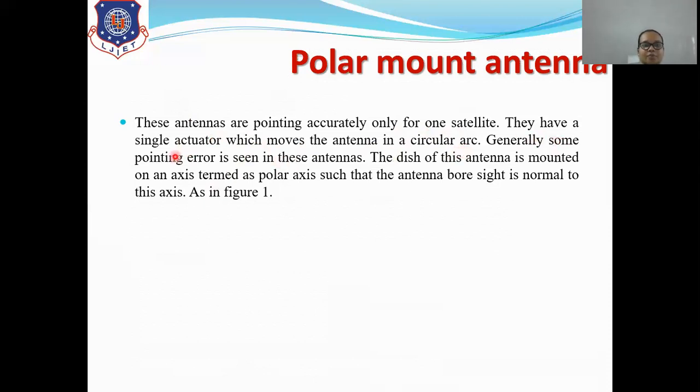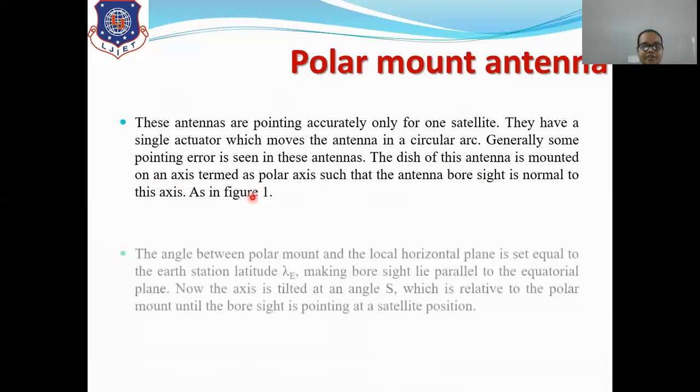So generally some pointing error is seen in this antenna. Due to these errors, what we have done is mount the dish of the antenna on an axis termed the polar axis, such that the antenna boresight, that is nothing but the antenna gain, which is the maximum of the radiation pattern, is normal to the axis, as seen in Figure 1, which we discussed.